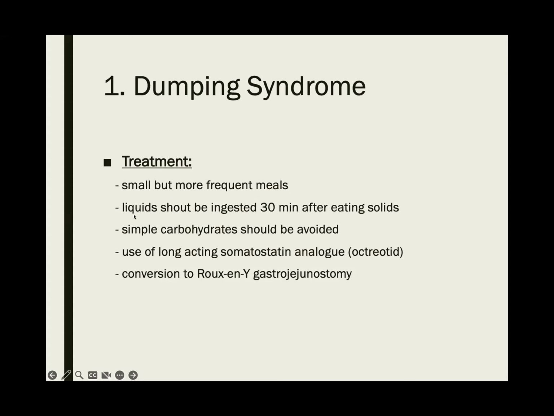In addition to that, liquids should be avoided or should be ingested 30 minutes after eating solids. Not along with the food. Why is that? Because we need to decrease the concentration.